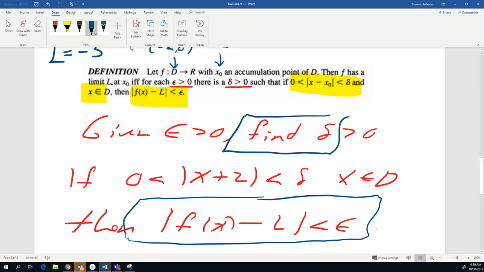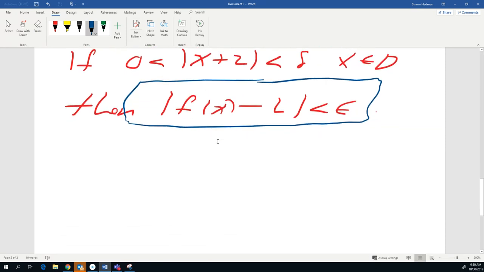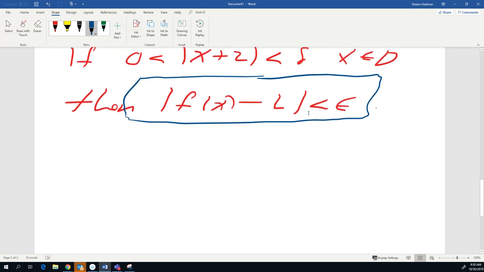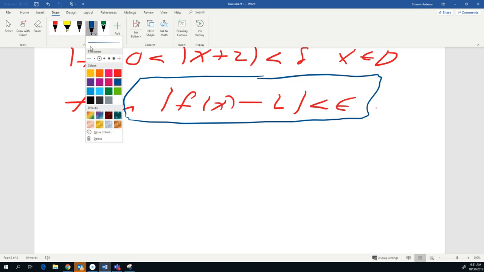And so what we can do here is let's just look at what we want and see what that says about delta. So this is not going to be the proof, because in a proof we should not assume the thing we want to prove. I want to prove this is true. This is the then part. But for now, let's assume this. And let's look at what this says.